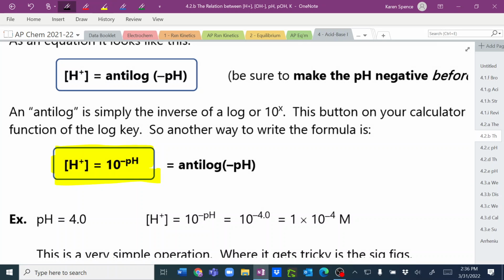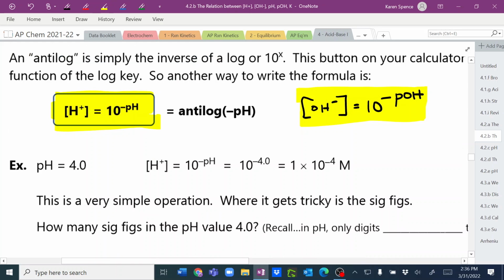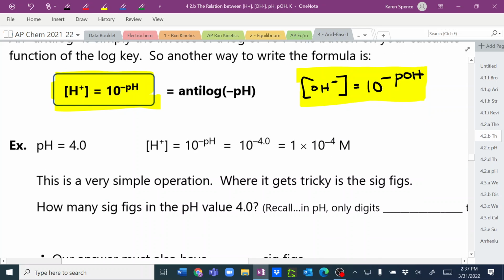So the concentration of hydroxide, what would it be? It was the 10 to the negative pOH, yes? So if the pH is 4, 10 to the negative pH is 10 to the negative 4, which is 1 times 10 to the negative 4 molar.